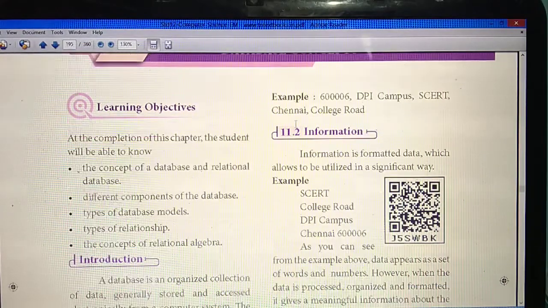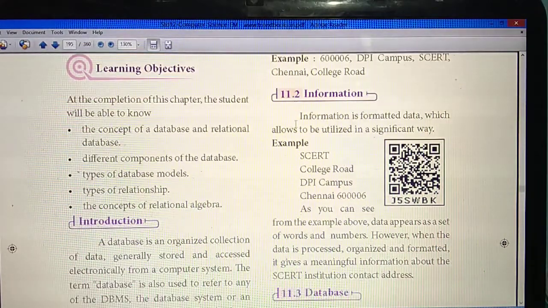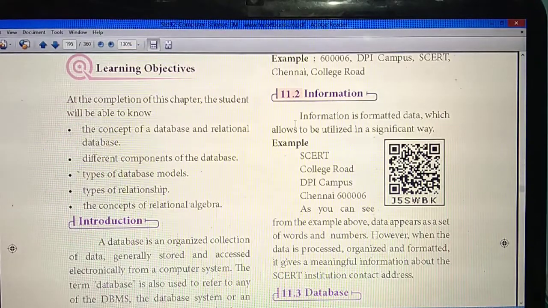Understand? Yes. Next thing is information. Information is formatted data. What do you mean by formatted data? It means that it gives some meaningful things from the data.